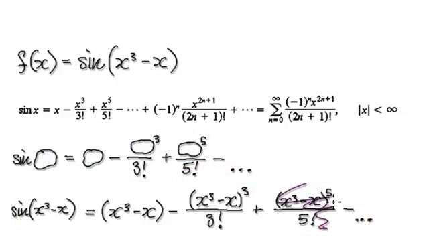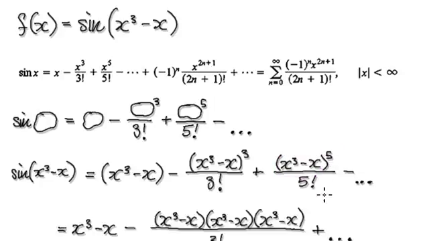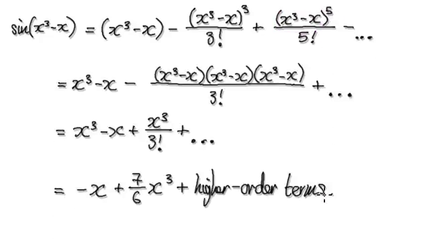Remember, we don't need anything beyond here because this is x to the power 5, and we're doing up to order 4. And then this thing here means the bubble multiplied by itself 3 times.